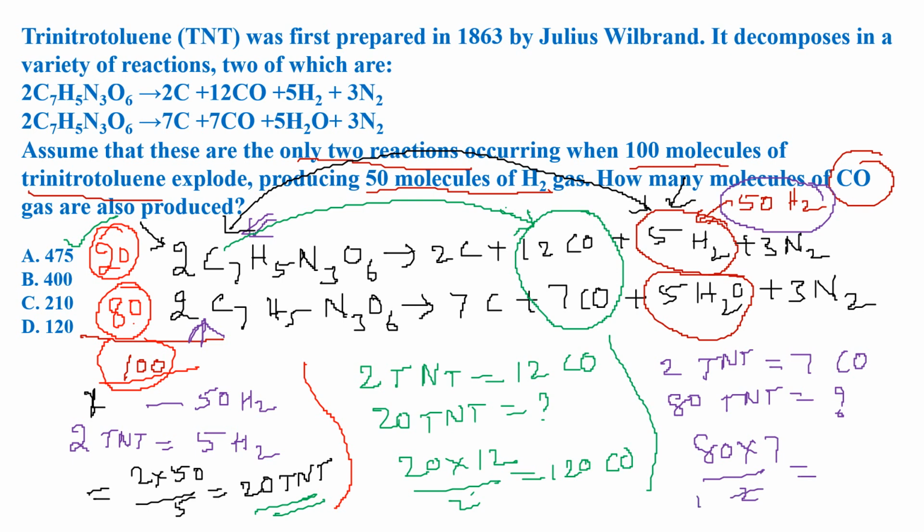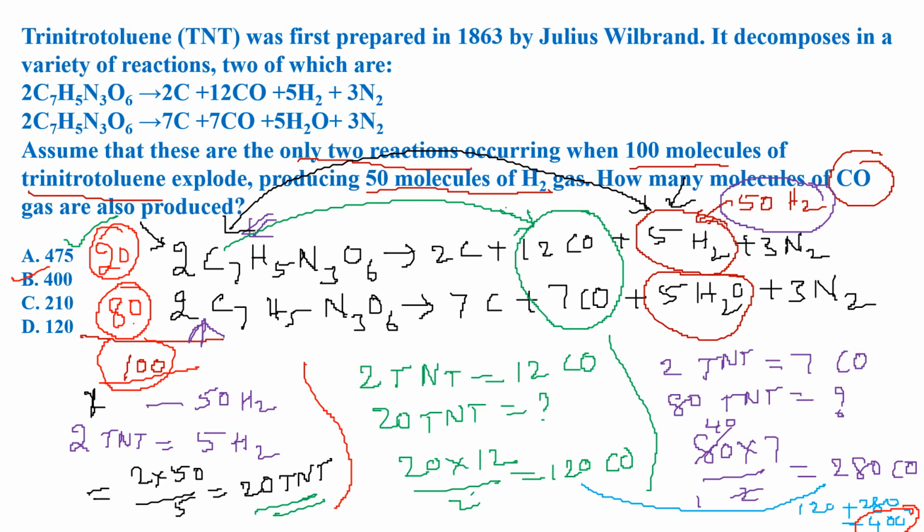Indirectly 2 fours are 8, so 280 molecules of CO is produced. Then 120 plus 280 is 400 molecules of CO produced. So our best answer is 400 molecules of carbon monoxide. Indirectly the answer is B.